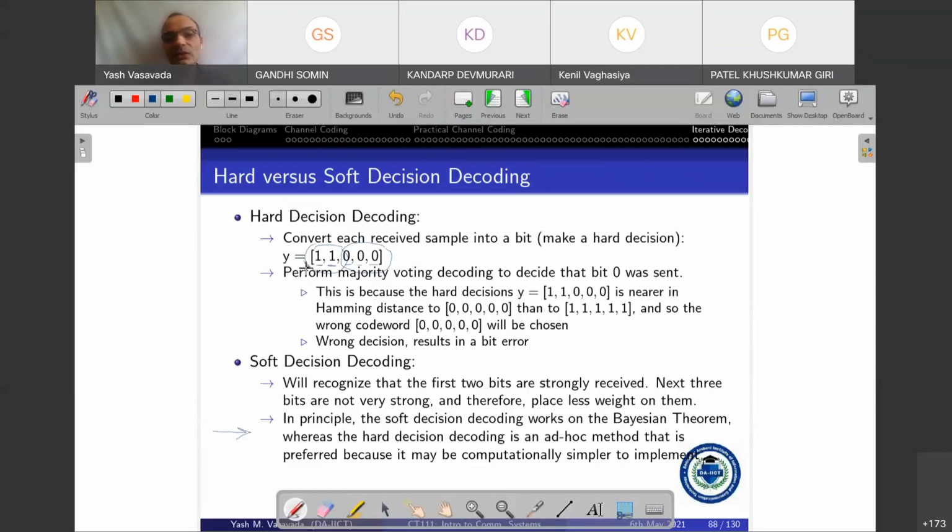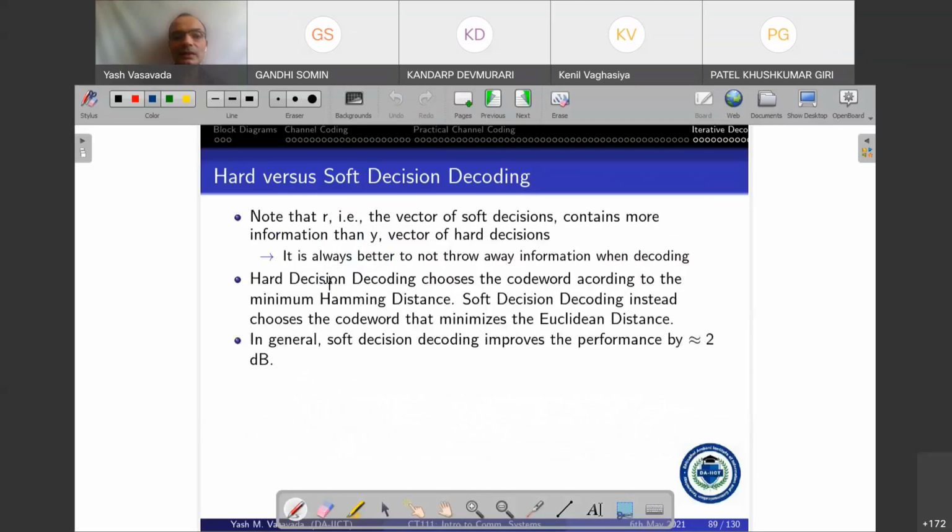And therefore it is called the belief propagation algorithm. So the message passing implemented for soft decision decoding is called the Bayesian belief propagation.